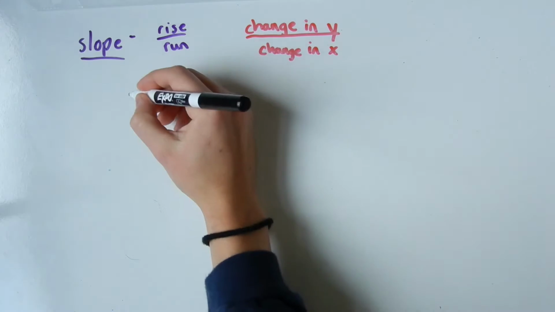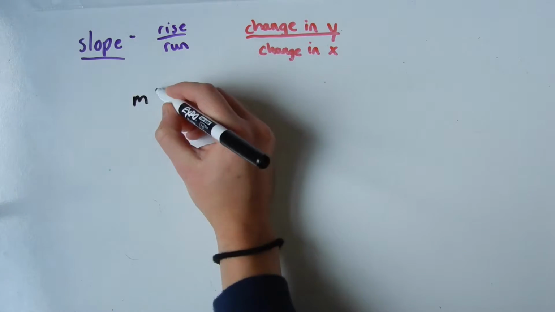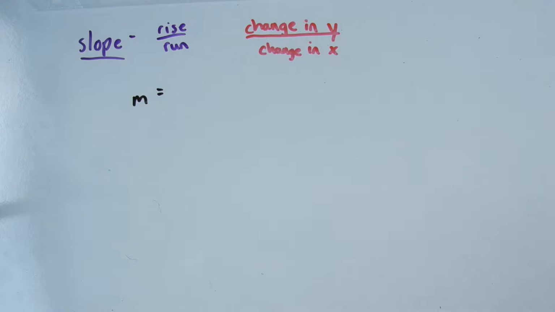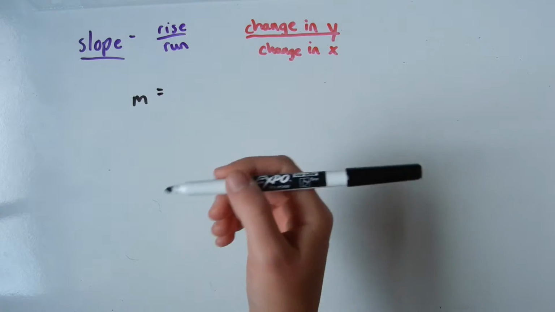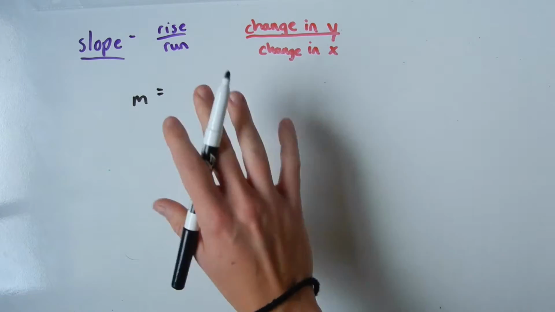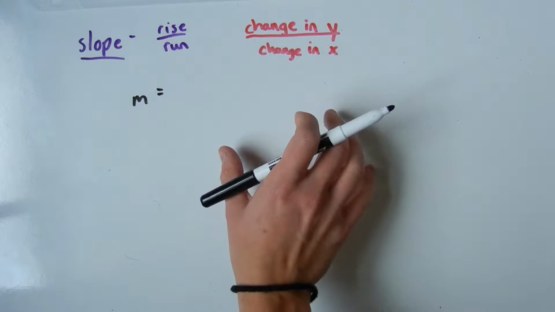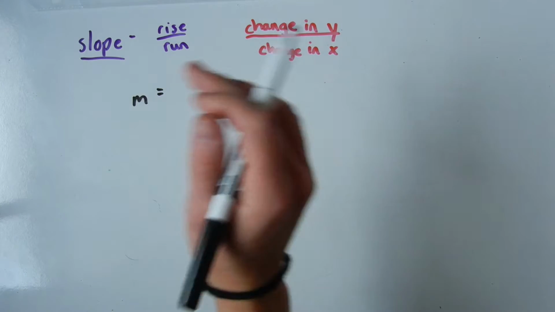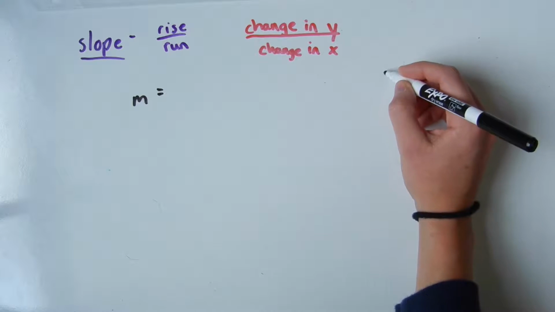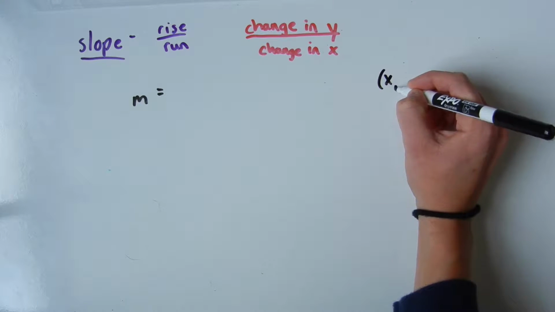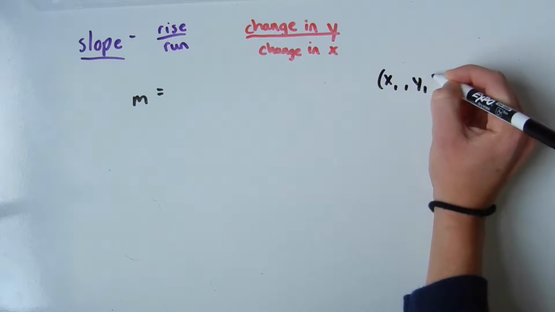So the slope we're going to say is m. So m equals the change in y. What exactly is the change in y? If we have 2 points, the change in y is the y-coordinate of one of those points subtracted by the y-coordinate of another point. So we need 2 points to start. Our 2 points are going to be x sub 1, y sub 1.